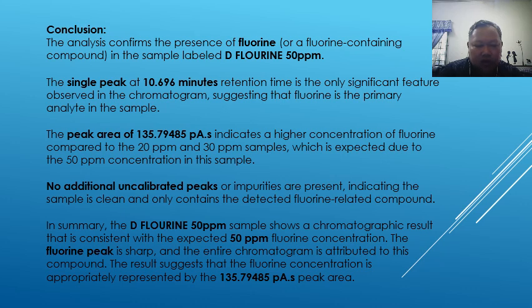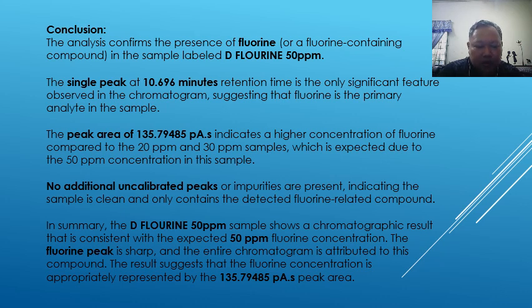No additional uncalibrated peaks or impurities are present, indicating the sample is clean and only contains the detected fluorine-related compound. In summary, the defluorine 50 ppm sample shows a chromatographic result that is consistent with the expected 50 ppm fluorine concentration.